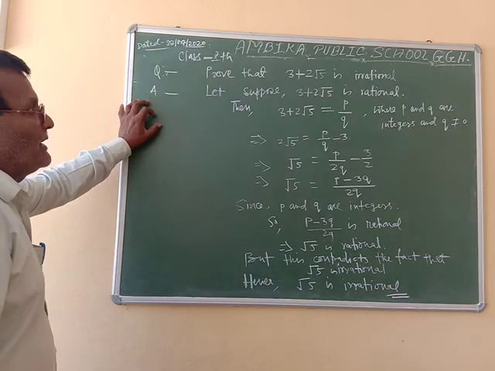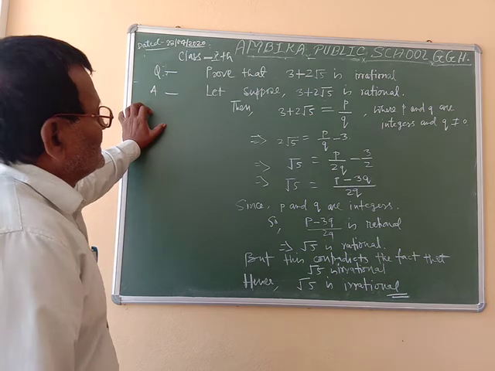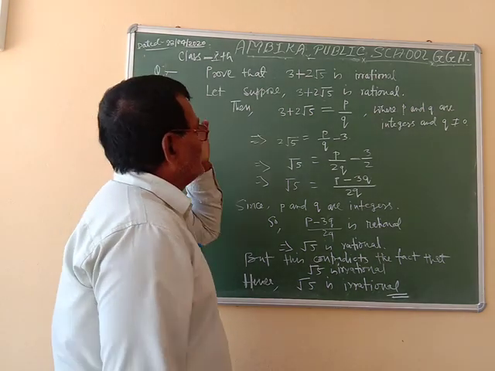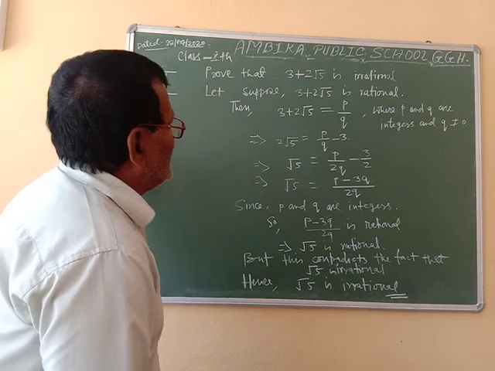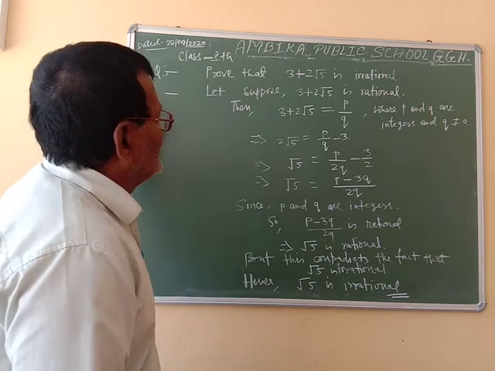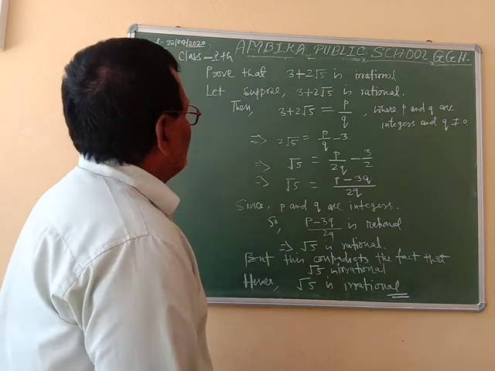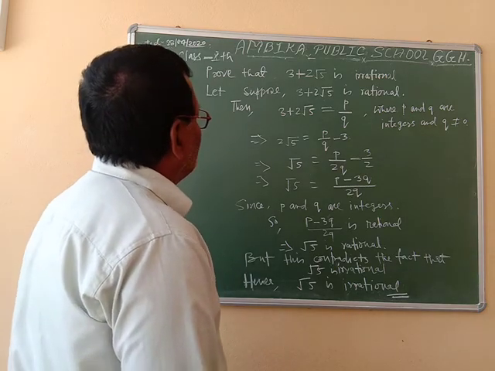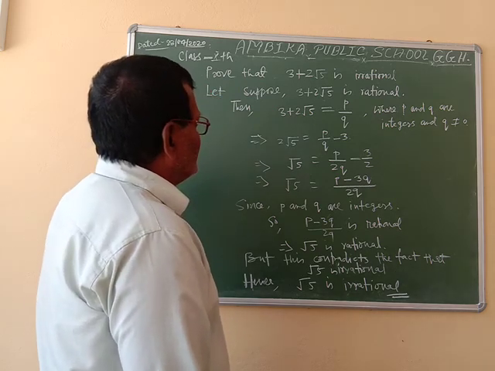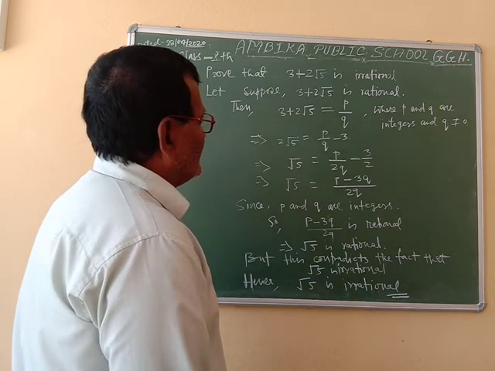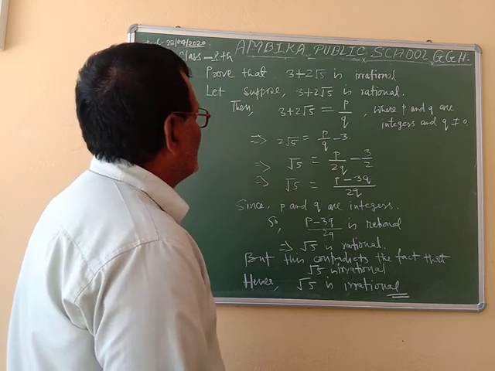To prove that 3 plus 2 root 5 is irrational, let us suppose that 3 plus 2 root 5 is rational. If it is rational, then it can be written in the form of p by q. 3 plus 2 root 5 is equal to p by q, where p and q are integers and q is not equal to 0.